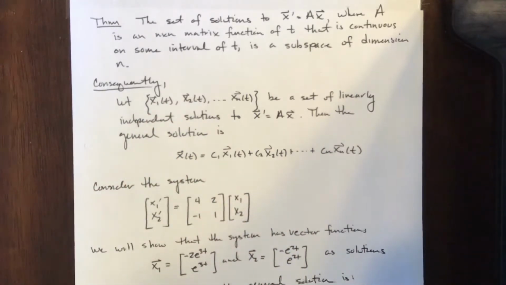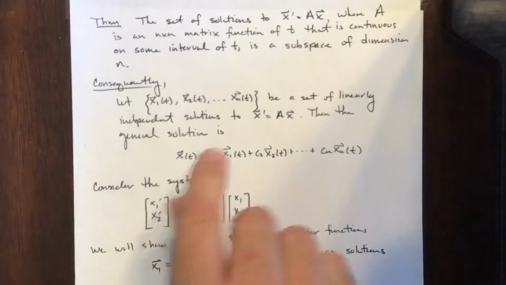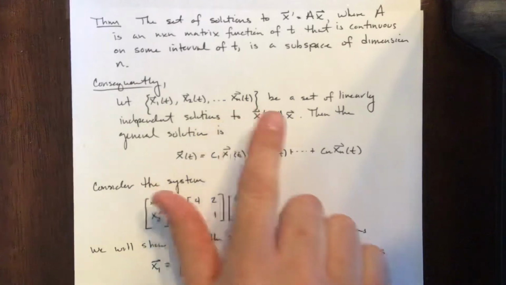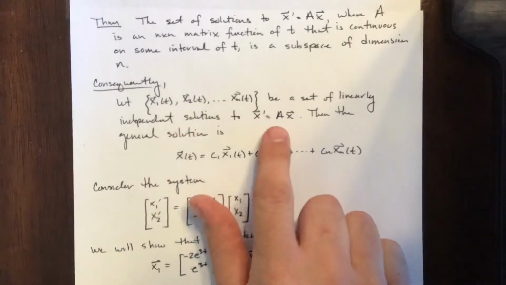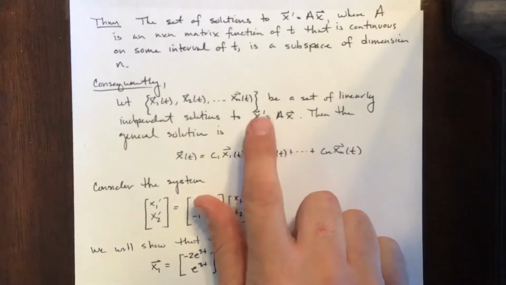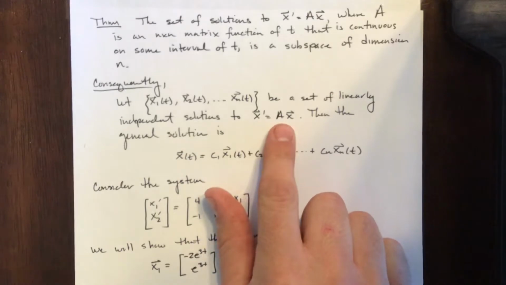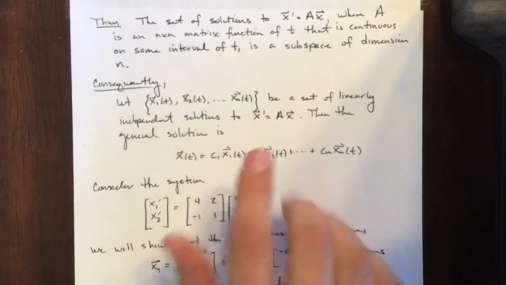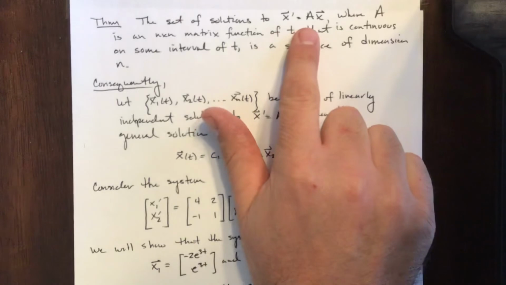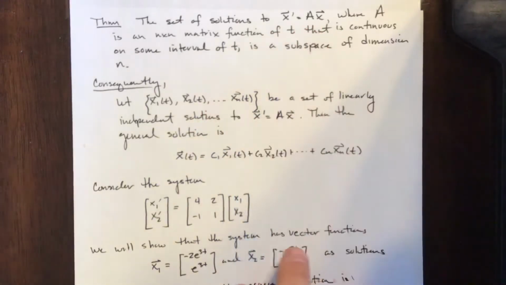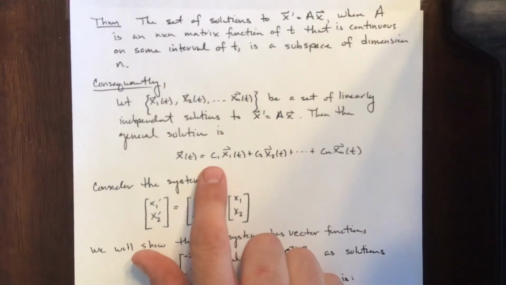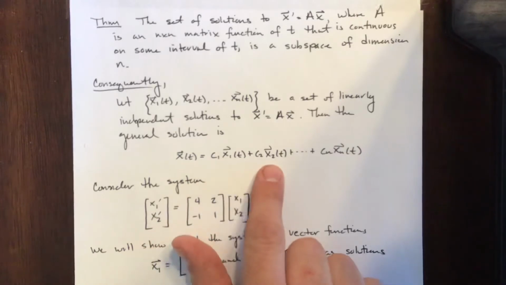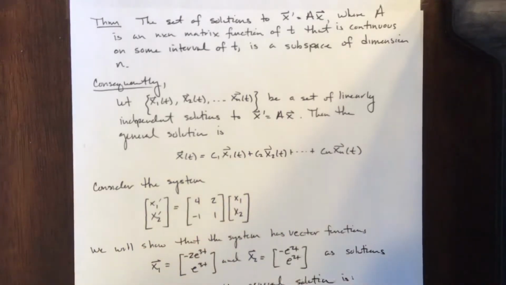If this set of vectors is linearly independent and they are solutions to x prime equals Ax, then the general solution is a constant times vector 1 plus a constant times vector 2, and so on, up to a constant times vector n.